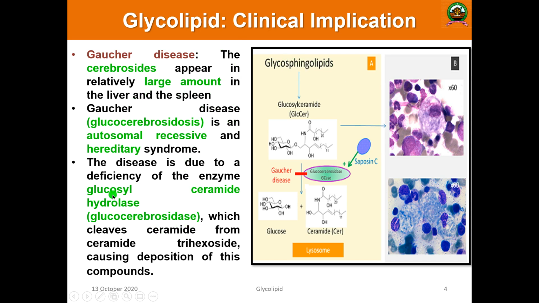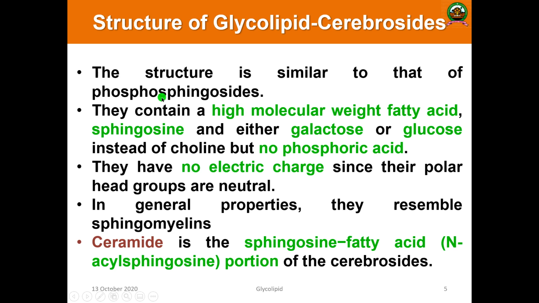Generally this glycosyl ceramide hydrolase, or glucocerebrosidase, cleaves the ceramide from the ceramide trihexoside, the compound which is causing the deposition. In the absence of this enzyme the cleavage will not happen, which leads to the accumulation of glycolipids, that is known as Gaucher disease.